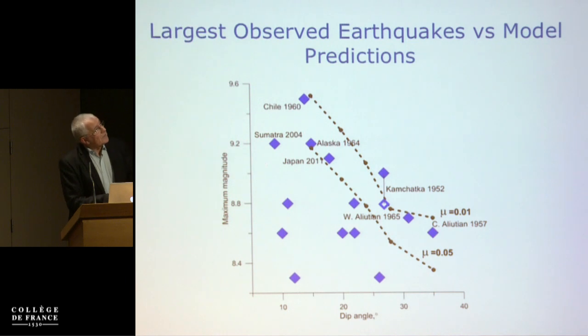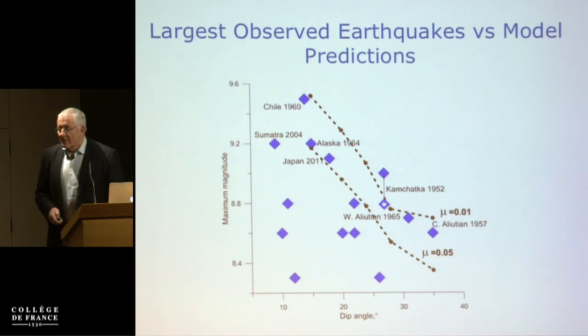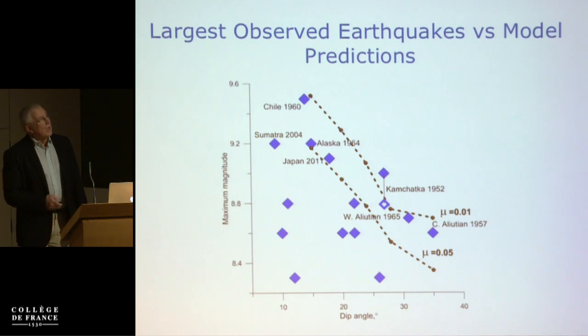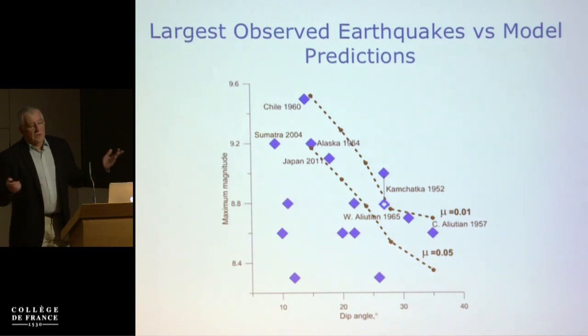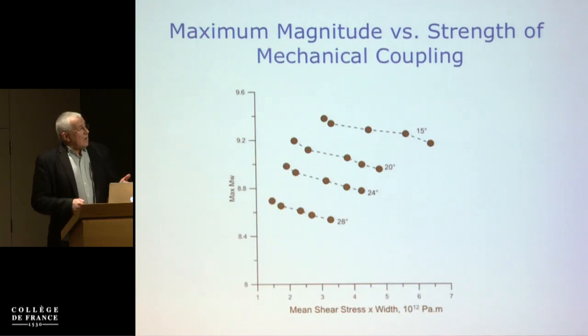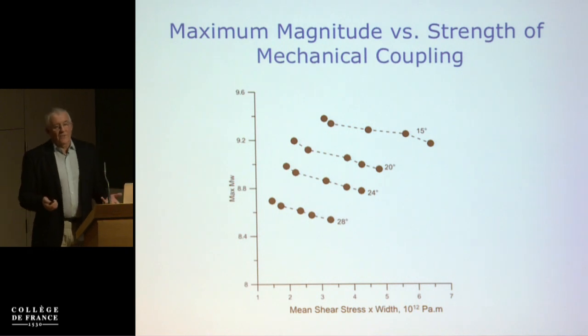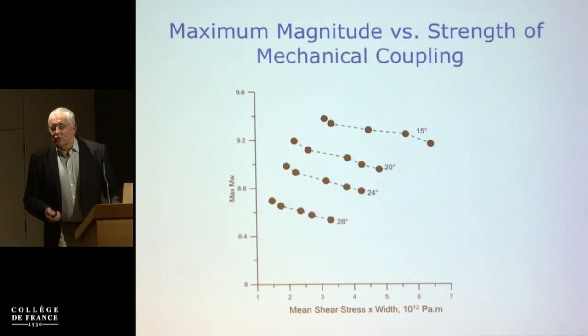But for instance, Sumatra 2004 was at least 3 times smaller than it could be. So hopefully it will not happen. Actually, because it's a very low angle, it didn't reach its maximum value.